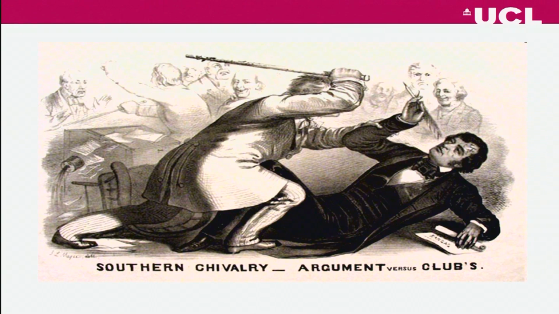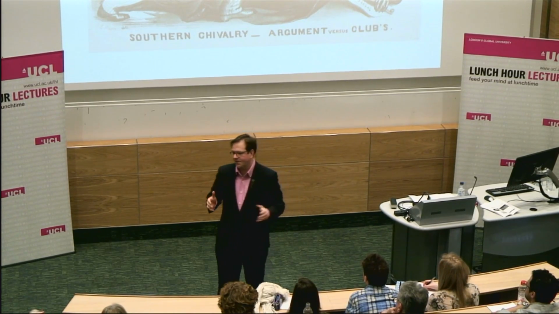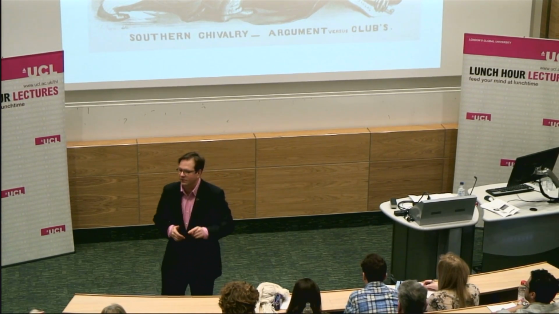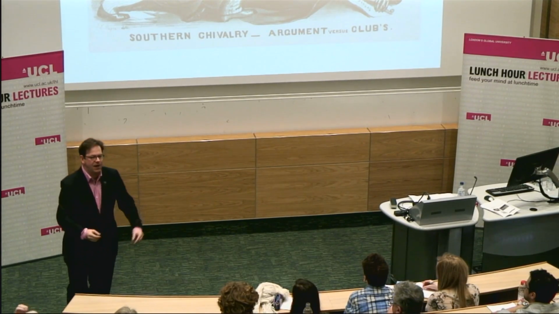The point about this is that in some ways this was not so exceptional. There were repeated incidents of violence on the floor of the Senate and the House of the United States throughout the 19th century. What's particular about this incident is the way it was dramatized.